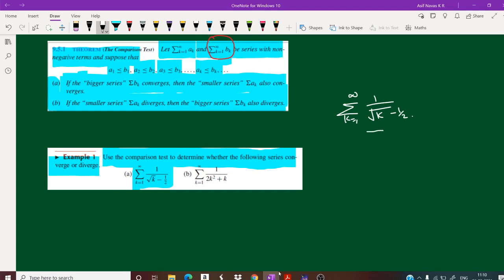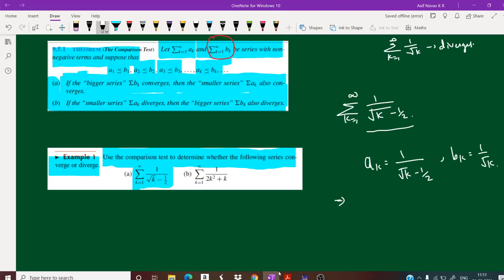So I'm guessing that this is divergent, because 1 by root k, we know that it diverges, right? Sigma k equal to 1 to infinity 1 by root k diverges by p series test. So here, if I take ak equal to 1 by root k minus 1 by 2 and bk equal to 1 by root k, then 1 by root k minus 1 by 2 is greater than or equal to 1 by root k for all k.